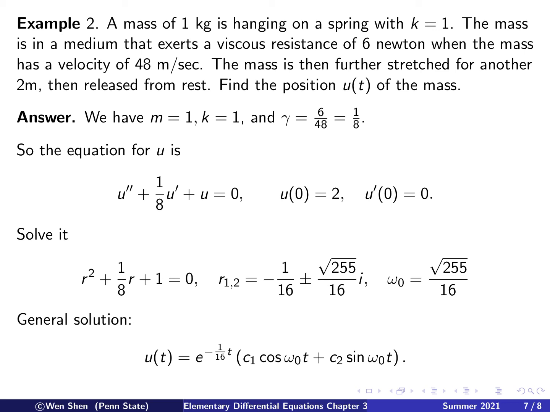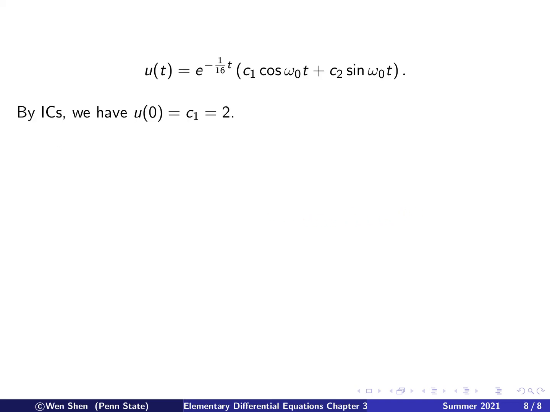And here c1 and c2 are 2 constants to be determined by applying the 2 initial conditions. Okay, let's try that. So the first initial condition is u(0) equals 2. Set t to be 0, e to the 0 is 1, cosine 0 is 1, sine 0 is 0, so I just get c1. So this gives me immediately c1 is 2.